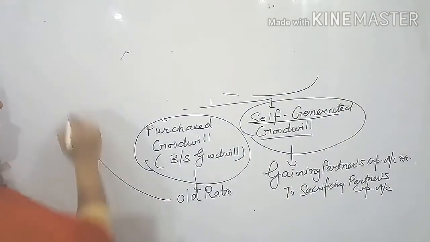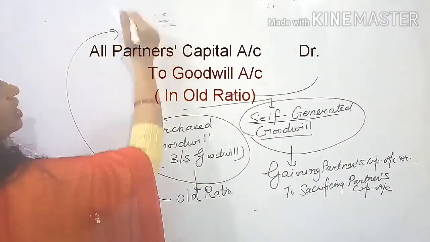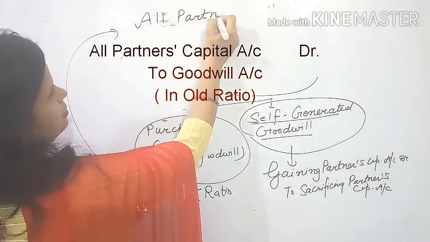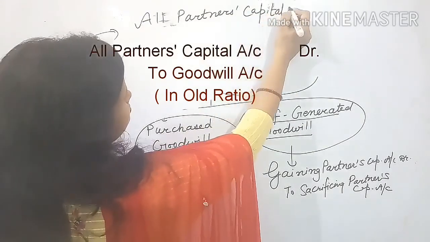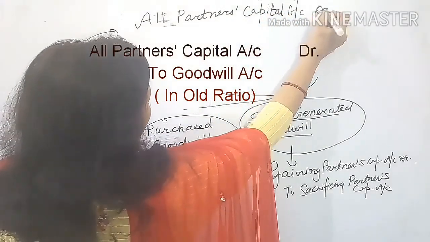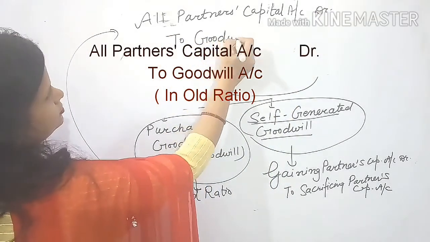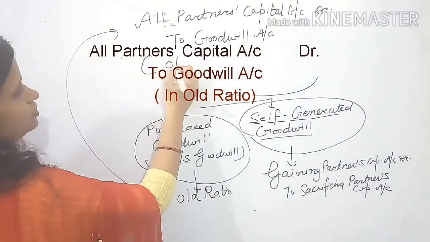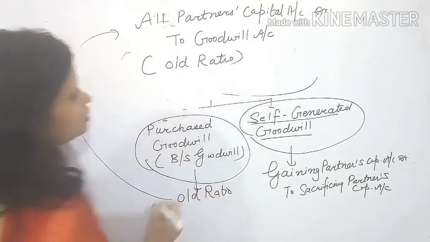It will be old partners' capital account debit to goodwill account. And this, I have told you, will be distributed in old ratio.